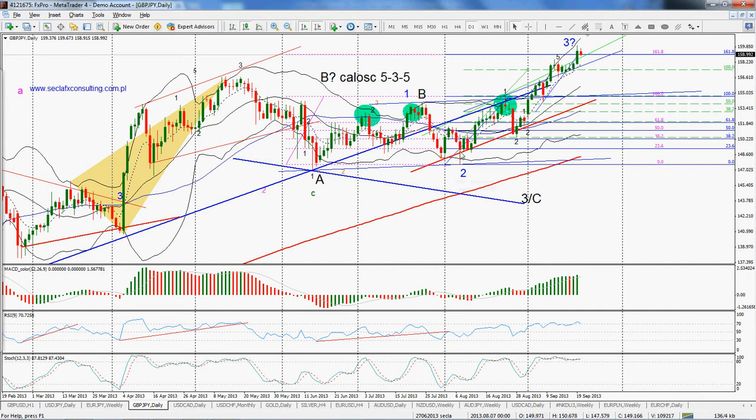This 2, the second wave, is very deep one, almost reached the beginning of the first wave, which is not a typical movement, yeah. But we broke to the upside here, so I'm considering it as a strong third wave, yeah.